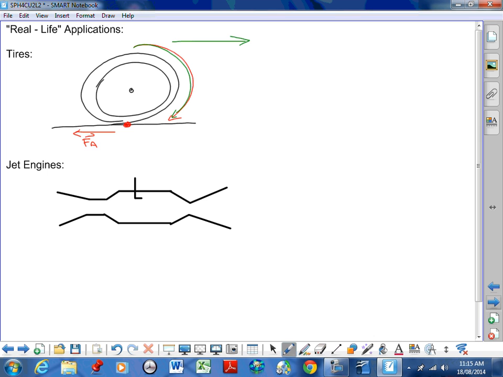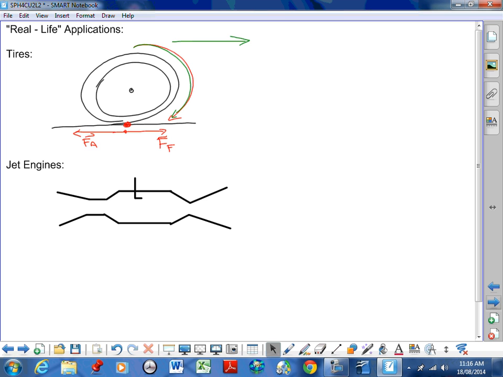So what allows me to actually move forward? It is that force due to friction that allows us to move forward. If we didn't have friction at the point of contact, your tire would just spin. It wouldn't be able to move forward. That force due to friction allows the tire to move forward, and allows us to drive.